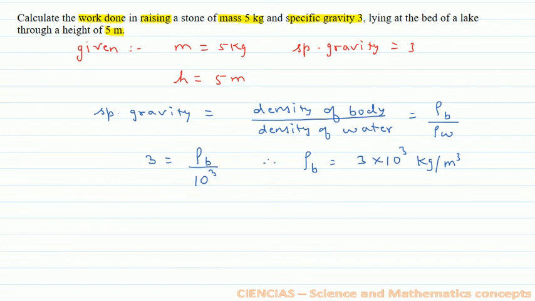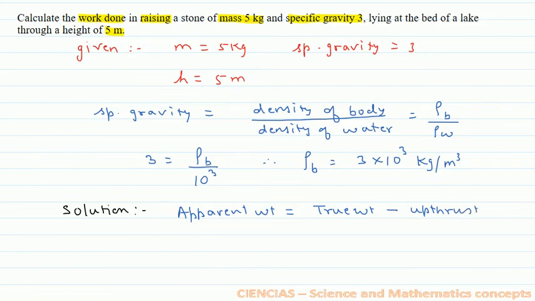Now we see the solution for this question. Since the stone is inside the water, lake water, its weight is not the true weight, but it will be the apparent weight. The formula for apparent weight according to Archimedes principle is true weight minus upthrust.